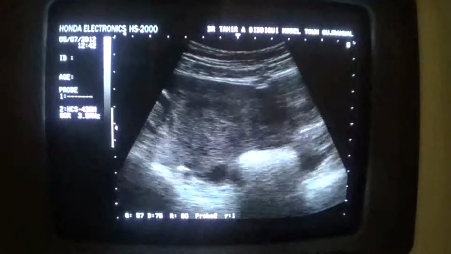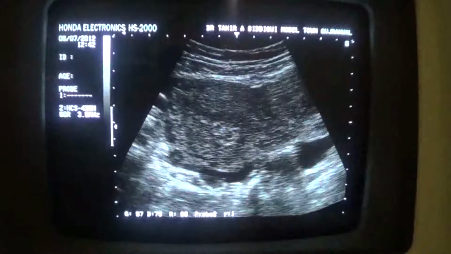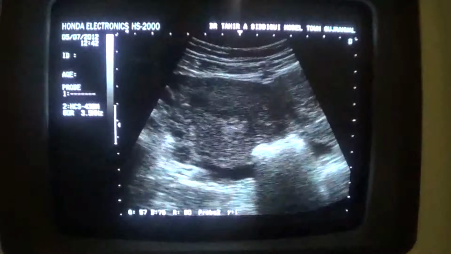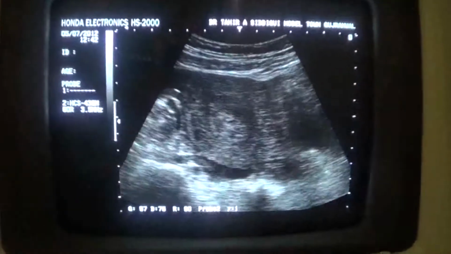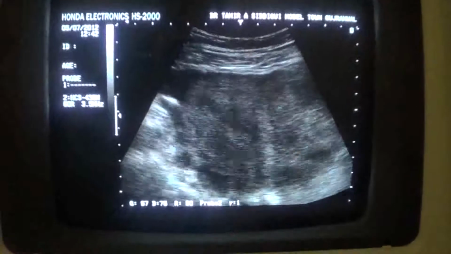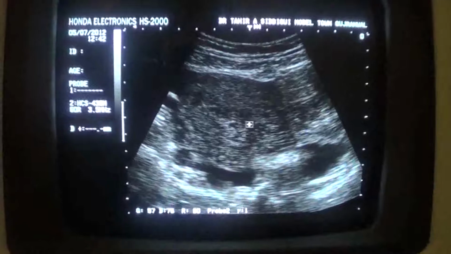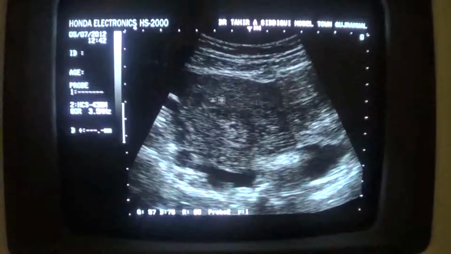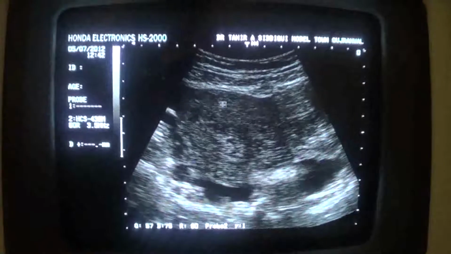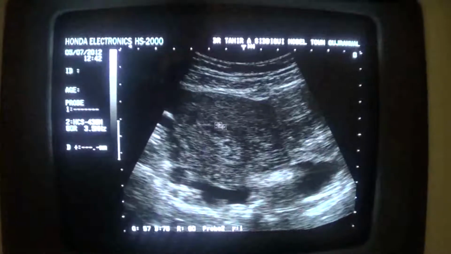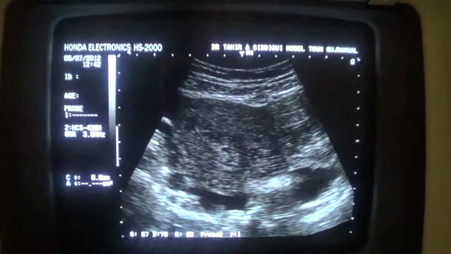Now in transverse section, hopefully you can see the endometrial canal. This is the myometrium, anterior and posterior, and this is the endometrial canal.